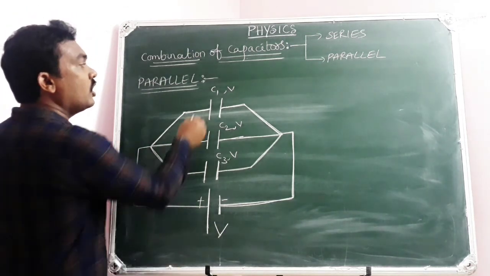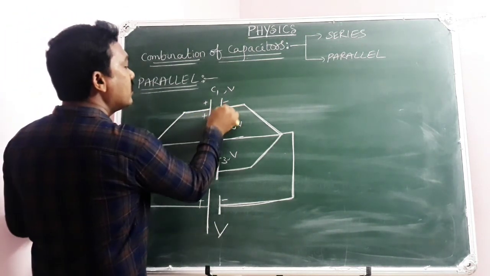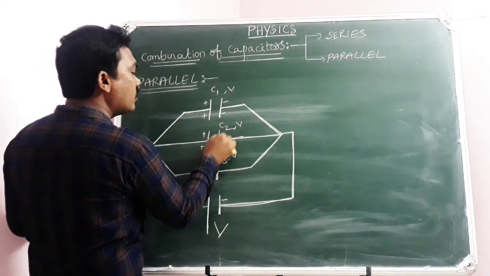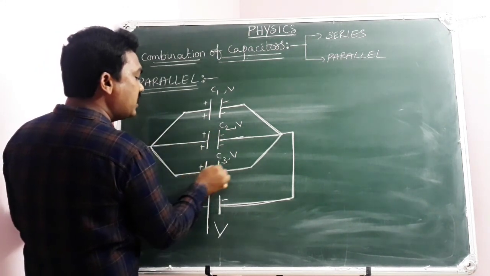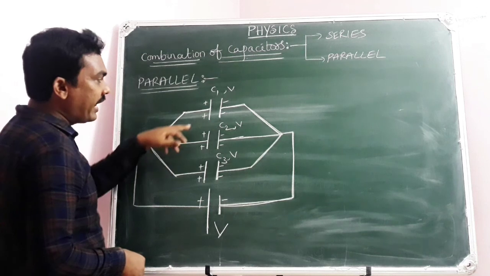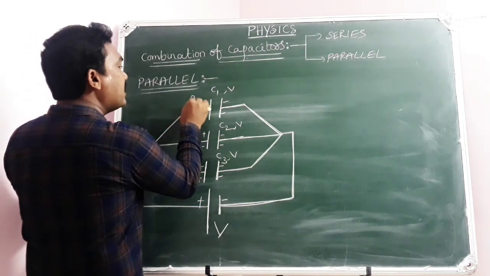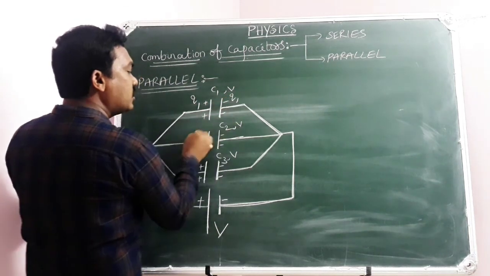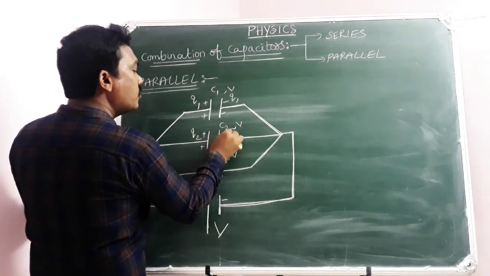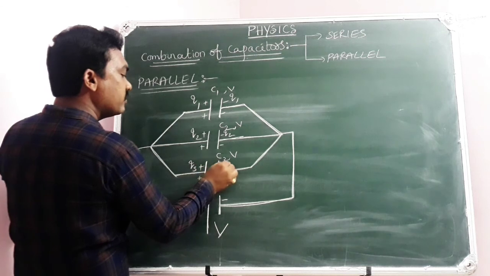If that is the case, the charge will not be the same because Q is equal to CV, you know. So even though the potential difference remains the same across every capacitor in parallel combination, the capacities are different, so the charges are Q1, Q2 and Q3.